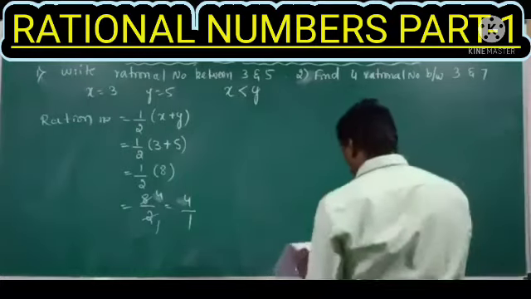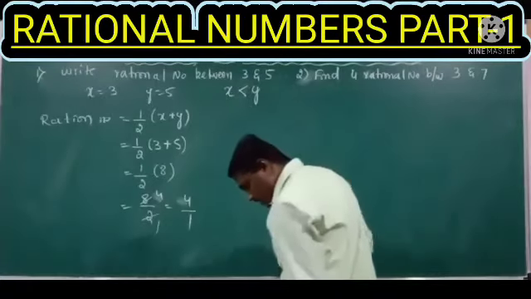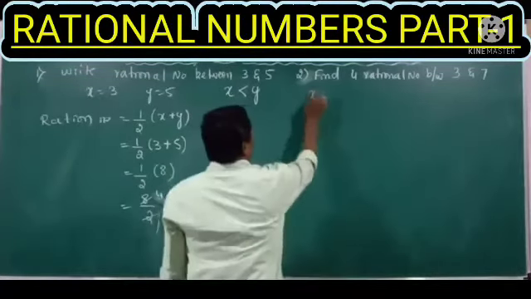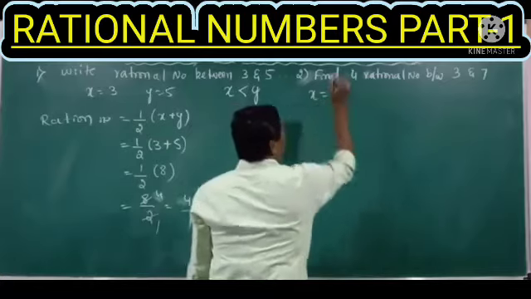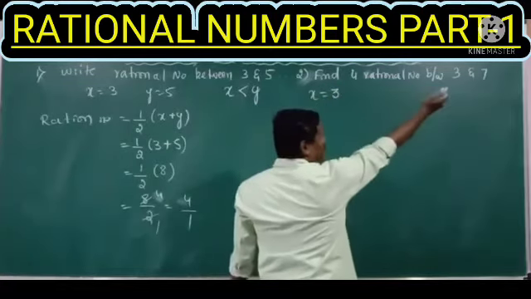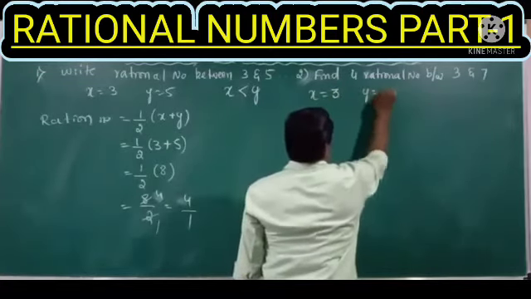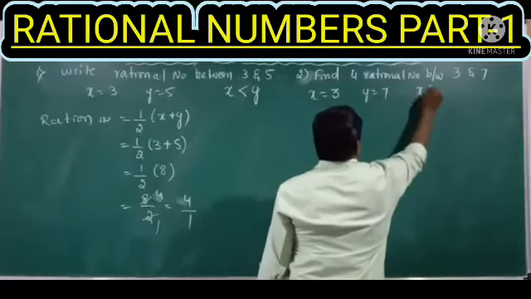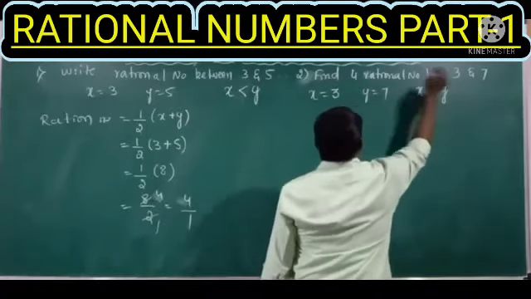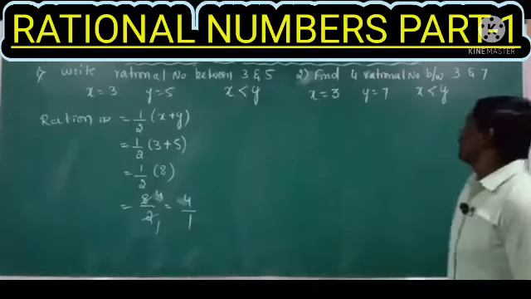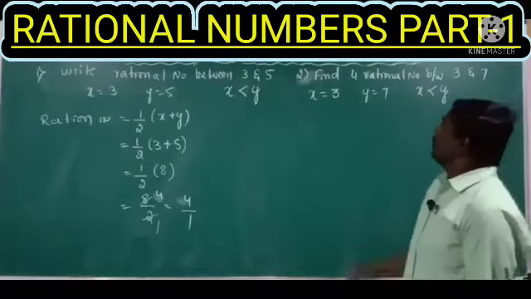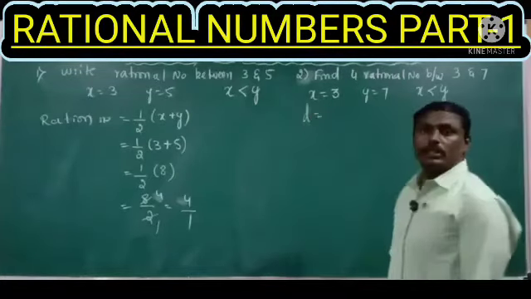The given formula is, here also we take x and y as the two values. X is always smaller than y, so take x as 3 and y as 7. The condition given is x is less than y. So first you need to find the d value.